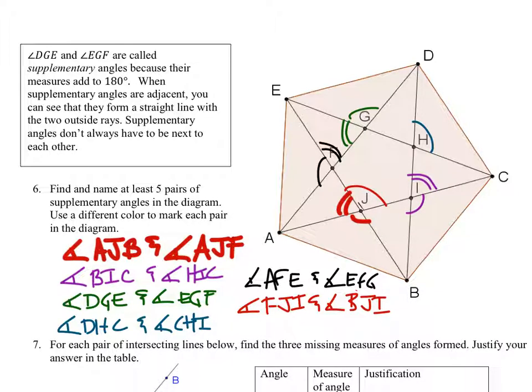Which would, oh man, those 2 are next to each other. Let me use a different pair. Such as, instead of BJI, I'm going to use JIB. That's better. JIB. So I combined it with this angle right here, which is the same as BJI, as it turns out.